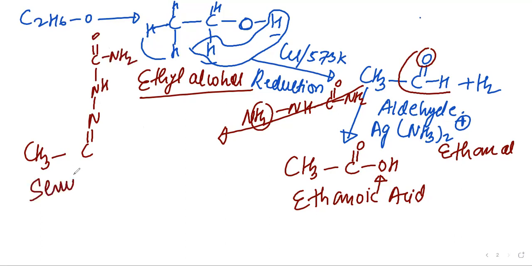This is called a semicarbazone, with removal of water. Understood? Up to this point, then one aldol condensation is done. Then I will explain it. Now we have to do the aldol condensation.